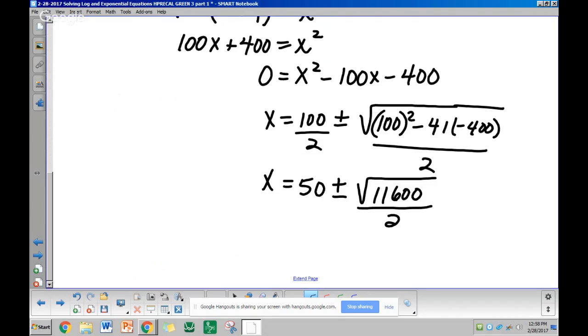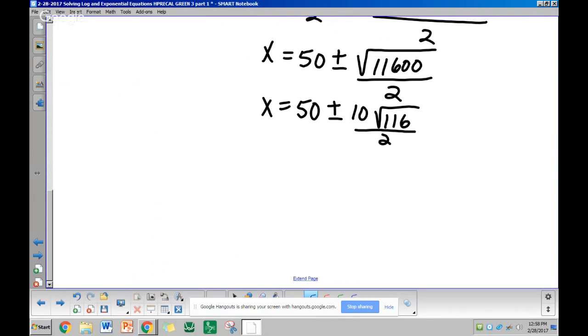Square root of 11,600, over 2. I know I can take the square root of 100, which would be 10. I'm going to bring 10 out here, and then it's 116. And I know that a 4 will go in there, leaving 29.